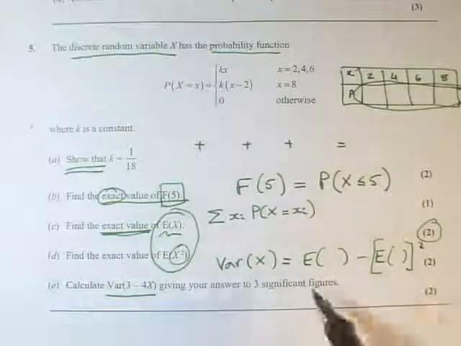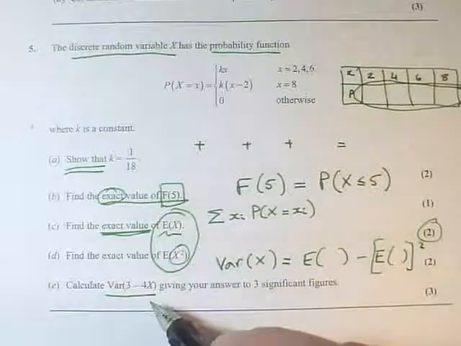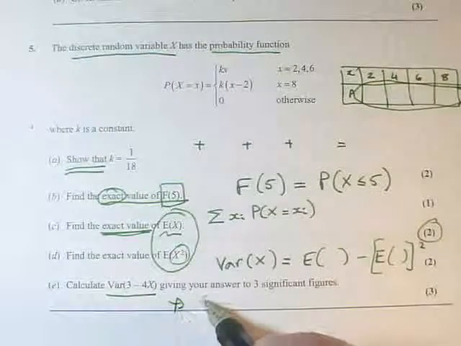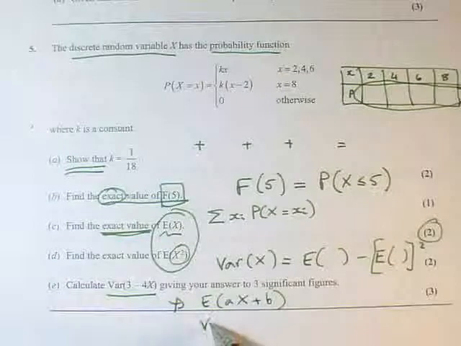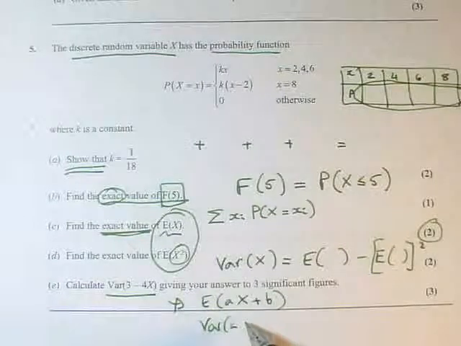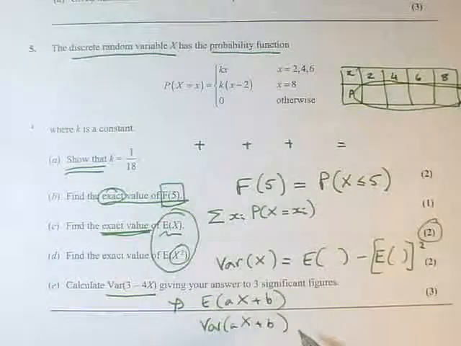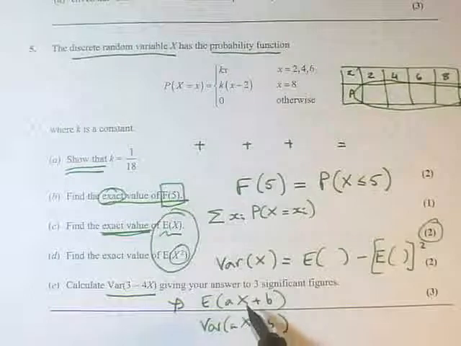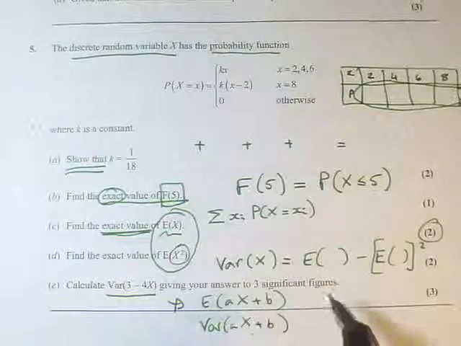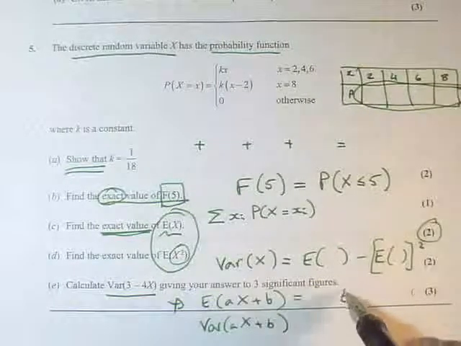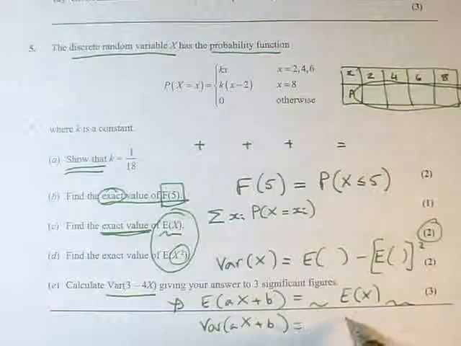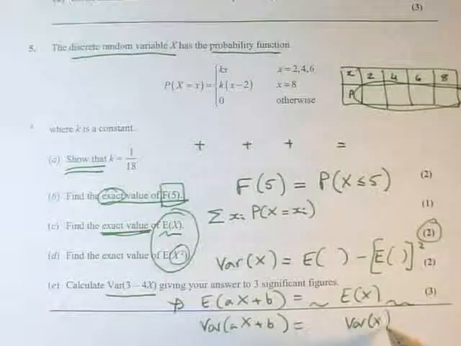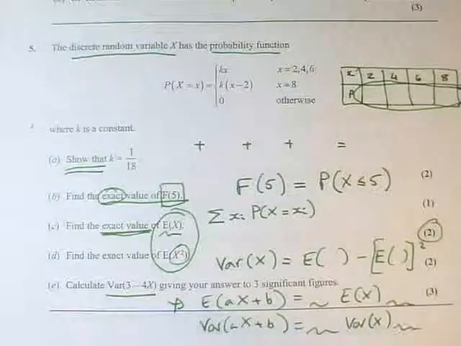So set up the variance of x properly, and then there are rules for the expectation of ax plus b and the variance of ax plus b, in terms of the expectation of x and in terms of the variance of x. This comes out in terms of the expectation of x, there may be stuff in front of it and afterwards. This comes out in terms of the variance of x, and there may be stuff in terms of a and b before it and after it.